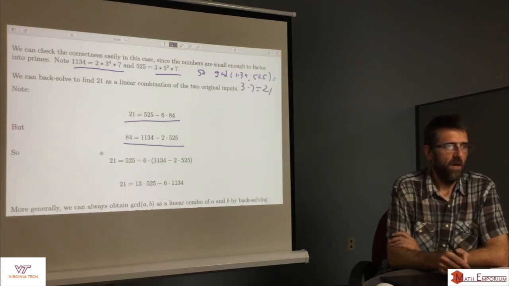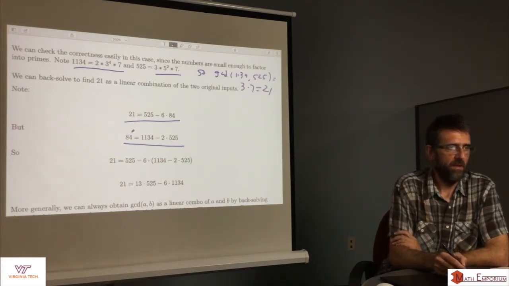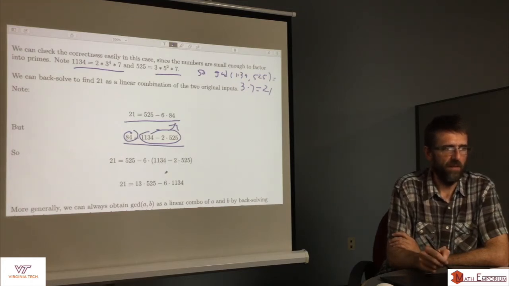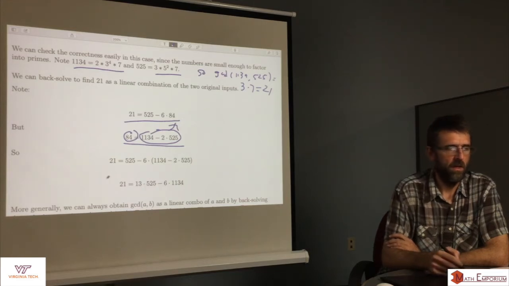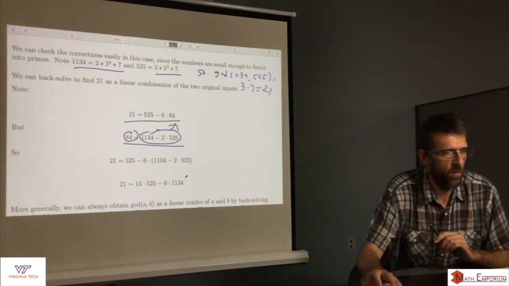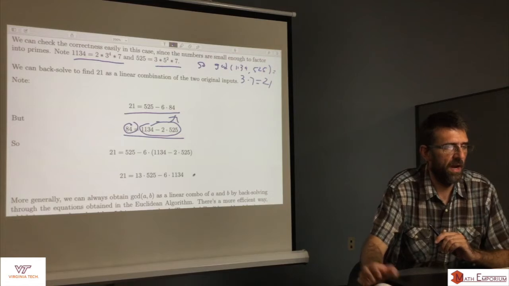Now if I substitute this in for 84 in this equation, I get 21 is equal to 525 minus 6 times (1134 minus 2 times 525). If I expand that, what's my coefficient on 525? It's going to be 1 plus negative 6 times negative 2, so 13, minus 6 times 1134. So now I've got 21 in terms of those initial inputs.